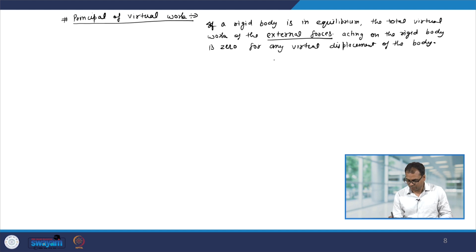We know what the external forces are now. In equation form, if you calculate delta U, which is the virtual work, it should be 0.